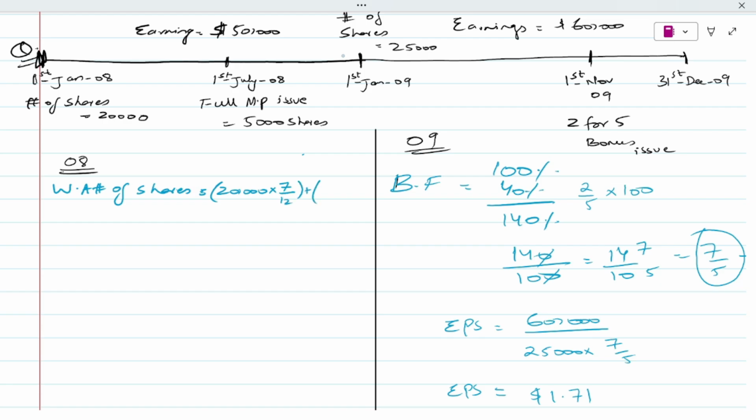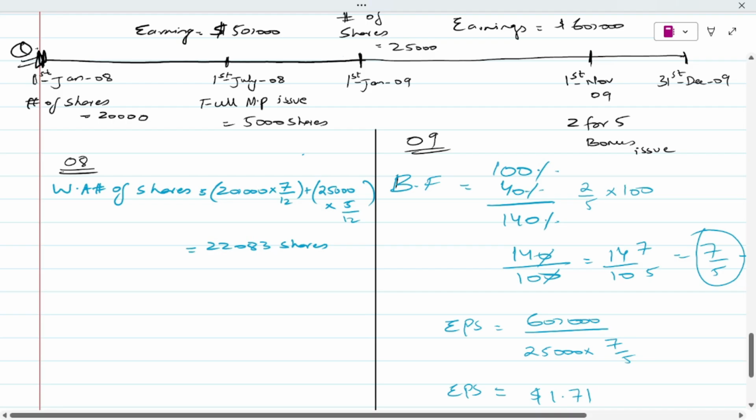Then we made a 5,000 share issue, so 20,000 and 5,000 is a total of 25,000 shares in issue now. From 1st July to 1st Jan, those are 5 months, so 5 over 12. That gives me a value of 22,083 shares. So that is my weighted average number of shares, 22,083.